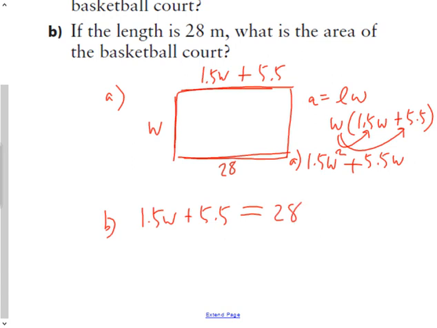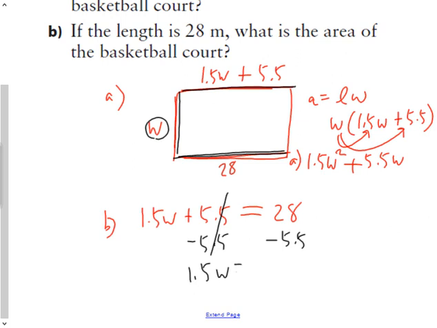And what I've done here is create a two-step algebraic equation that, when I solve it, I will know what W is. And once I know what W is, it's going to be that number multiplied by 28 as the area of the basketball court. So given this length here, which is algebraically expressed as this, is defined as being 28 meters, I'm going to subtract the constant from both sides and get 1.5W equals 22.5.